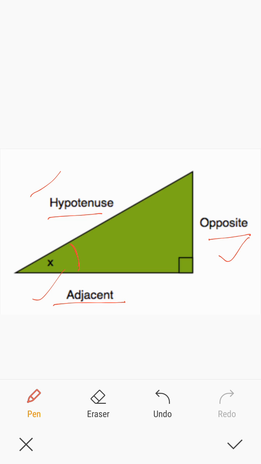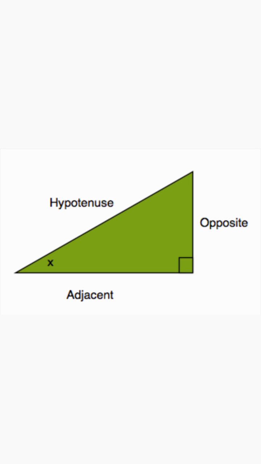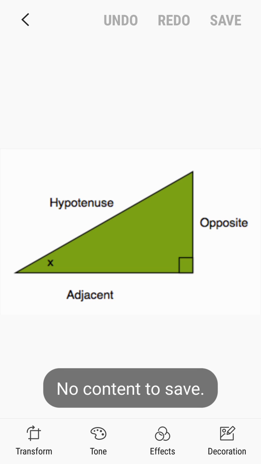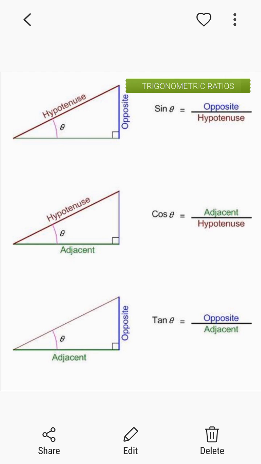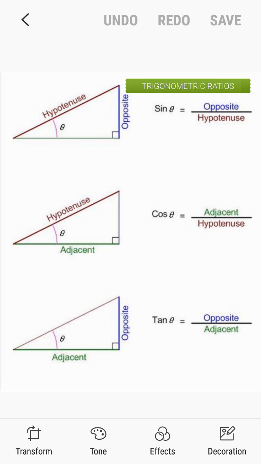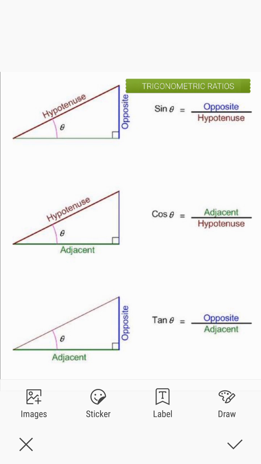Let us see which are the trigonometric ratios. Basically, there are 6 trigonometric ratios, and we can see them one by one. In this figure, you see this right triangle, and the angle is marked as theta.